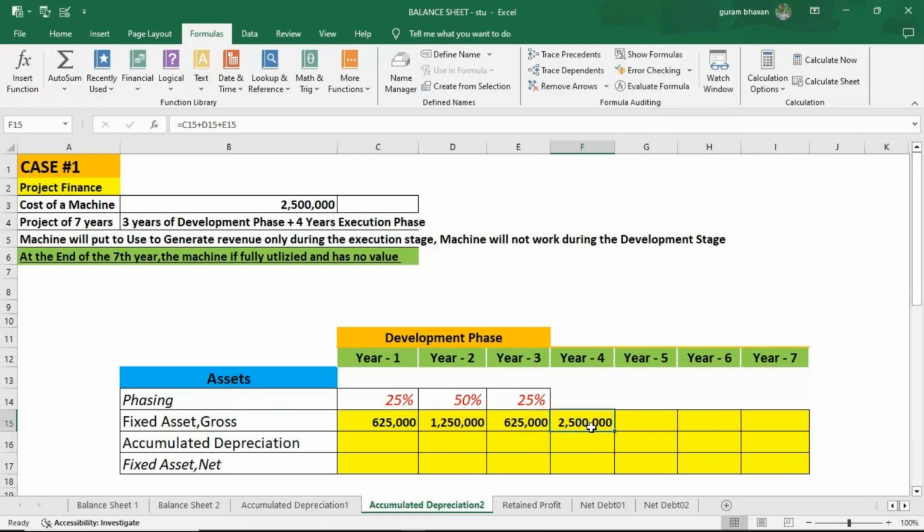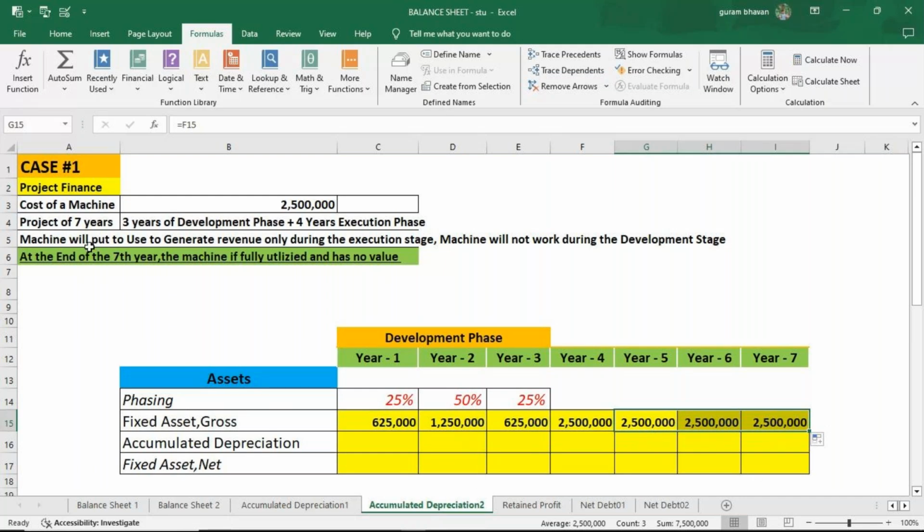I got my 25 lakh. That means my machinery is completely set to start my work. In the 4 years also, whatever investment I have done for that machinery is going to remain the same. So I take the value of this. Till the seventh year also, the cost of the machinery is 25 lakh only. I have paid 25 lakh, that is going to remain the same.